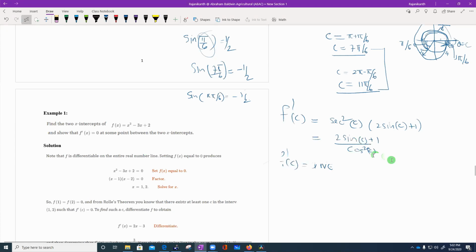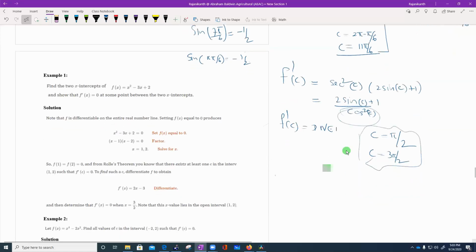In another word, is there any c value such that the denominator gets 0? What will happen if c is pi over 2? Tell me. It will be 0 in the denominator. Exactly. Then what will happen if c is 3 pi over 2? Same. 0 in the denominator. So again, these are the 2 points where the function is undefined, because this guy is getting 0. Does that make sense?